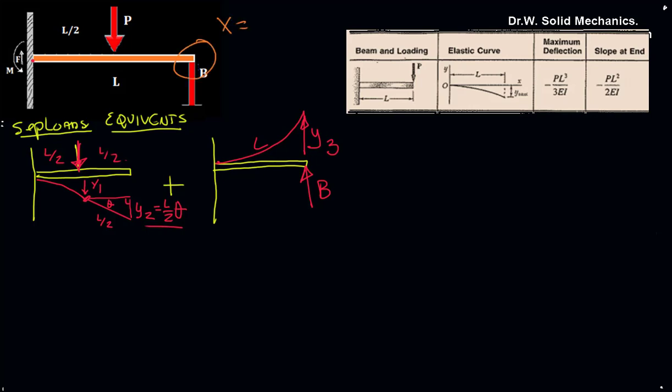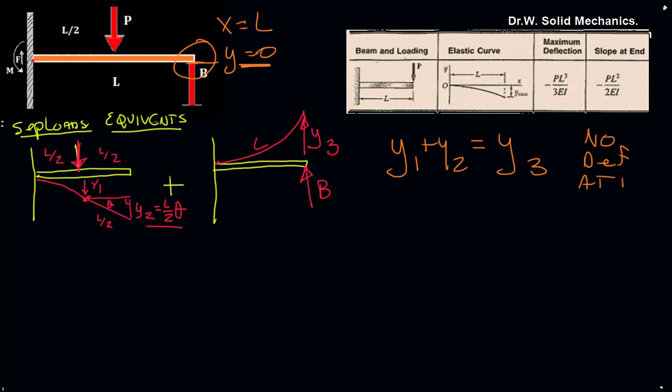At x equal to L, y is equal to 0, we have no appreciable deflection here. So this becomes a boundary condition, which lets us say then that y1 plus y2 has to equal y3. There's no deflection at B. And again, we can use the deflection table equations to generate this.